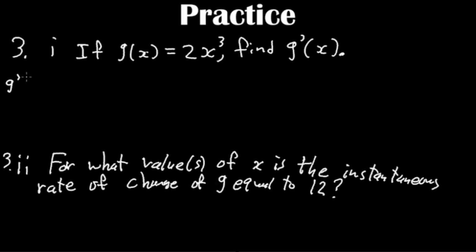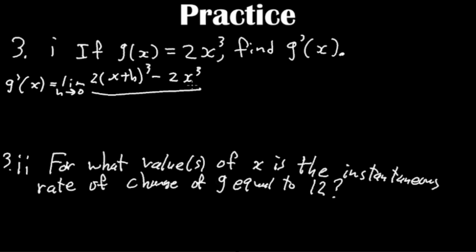So g prime of x, that's the limit as h goes to 0 of g of x plus h minus g of x over h. So g of x plus h, that's 2 times x plus h cubed minus 2x cubed over h.